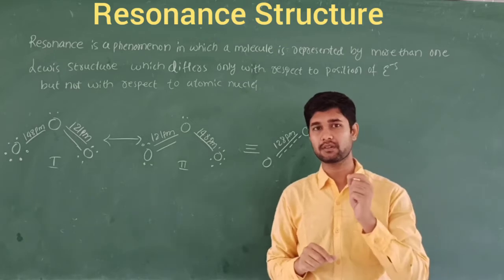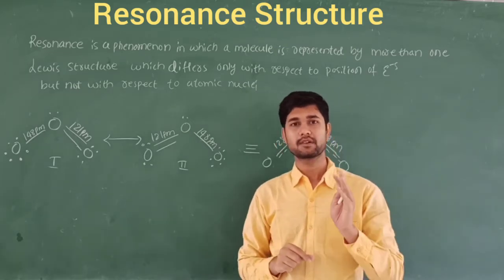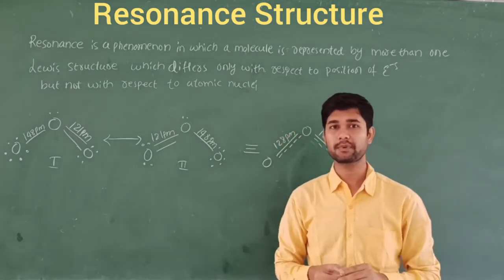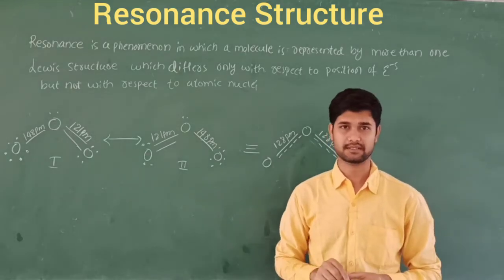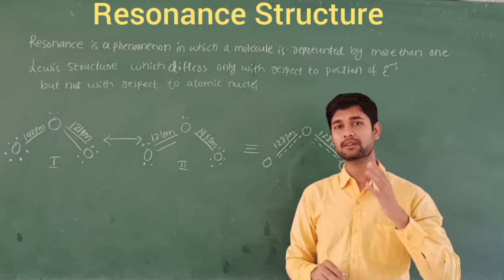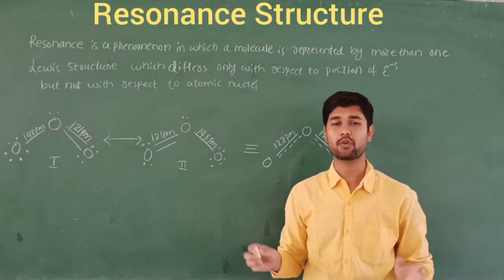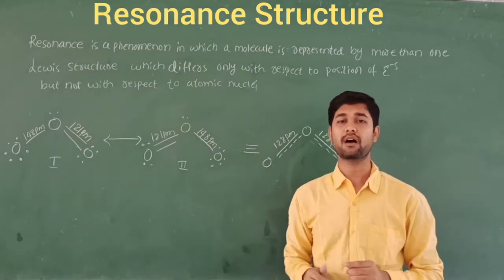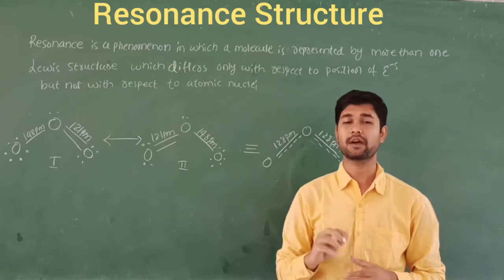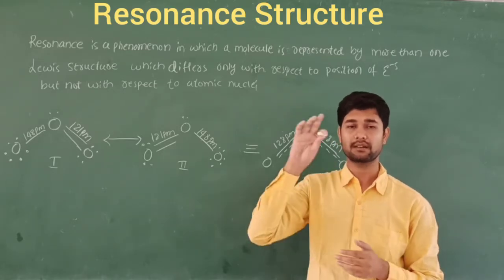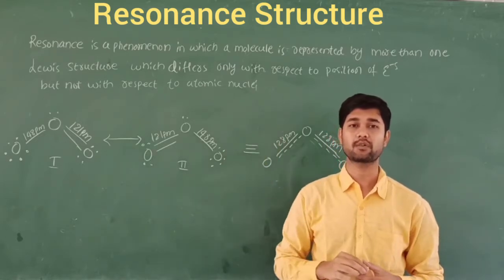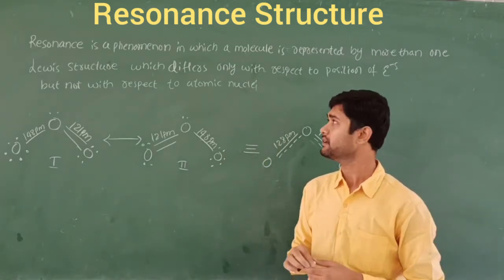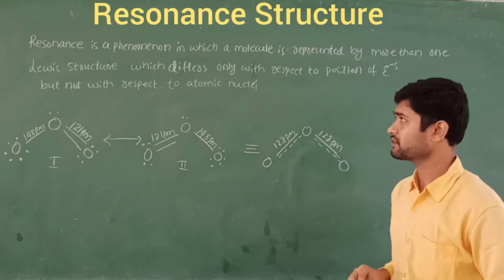But one interesting point is that some molecules are represented by more than one Lewis dot structure. Those multiple Lewis dot structures we call contributing structures or resonating structures, and that is why we call them resonance structures. So let's take the definition of this.